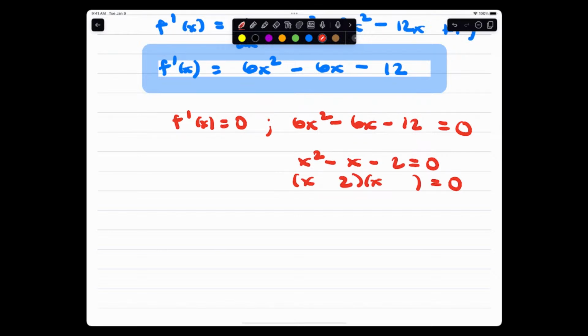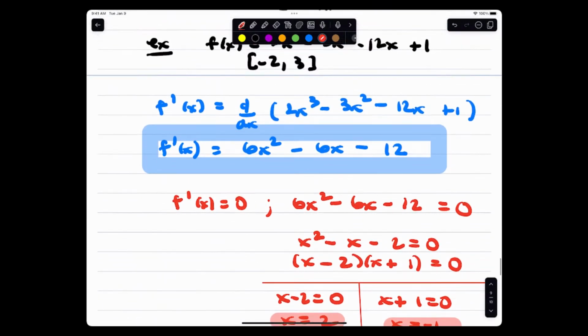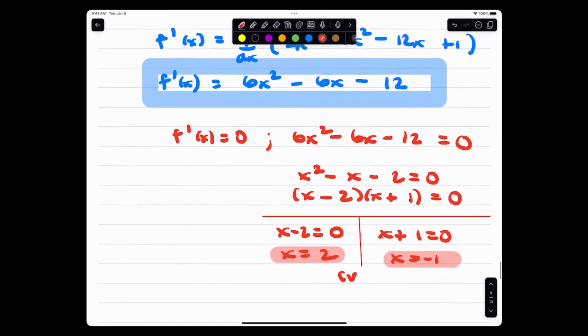If you have to use a crisscross method, please do. And now you're going to get x minus 2 equals 0, and x plus 1 is 0. And this means x is 2, and this means x is negative 1. I got my critical values. So easy peasy, lemon squeezy. You guys okay with that one?